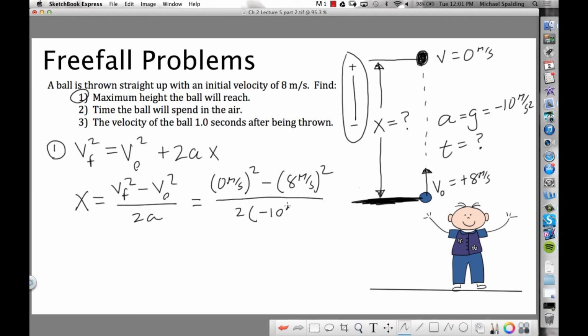Acceleration is negative 10. Notice the negative cancels, and we end up getting 64 over 20, positive 3.2 meters for maximum height.